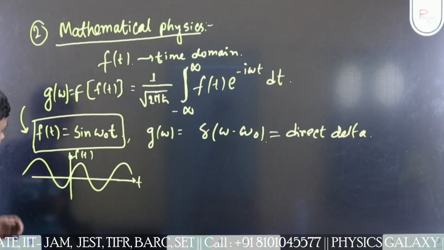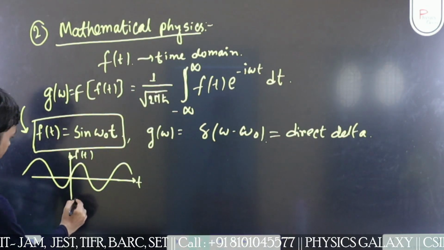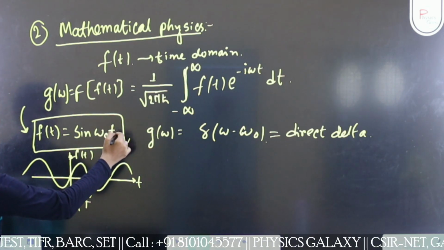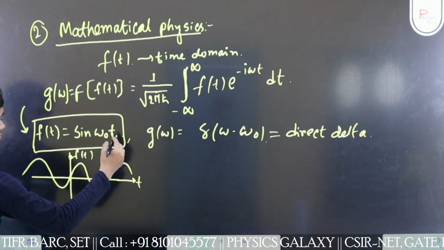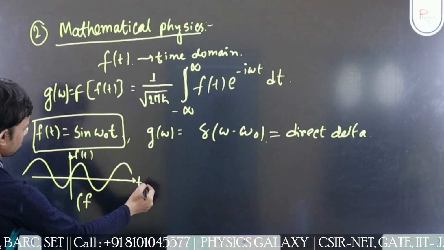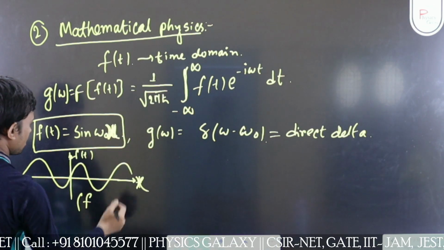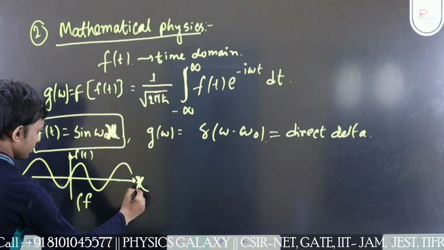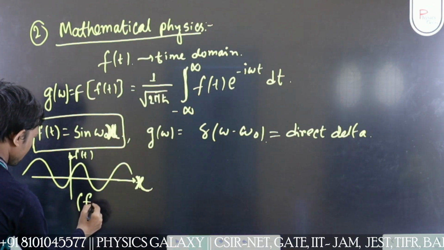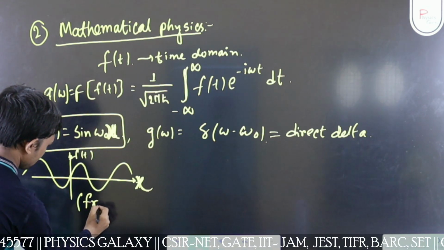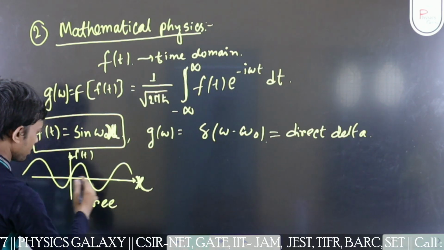I assume this is the function for a free particle in quantum mechanics. In time, I said this corresponds to position space x. I assumed that it is a function of the free particle. It is sinusoidal all over the space.